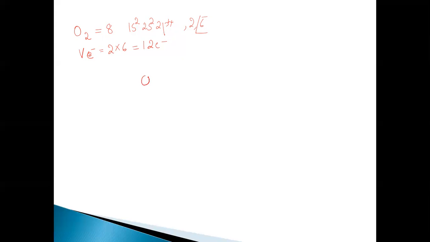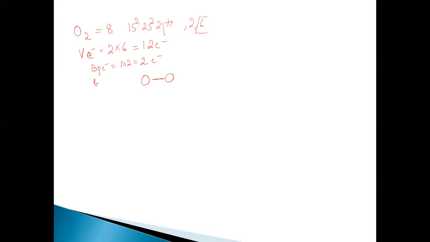Try writing the structure here. Two oxygens, put one sigma bond here. So the bonding pair of electrons here will be one bond into two electrons, which is equal to two electrons.